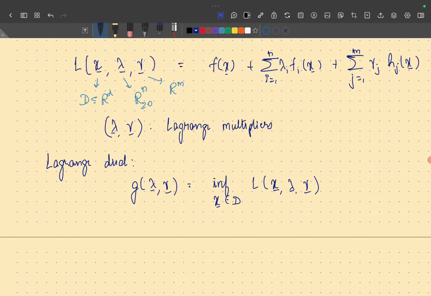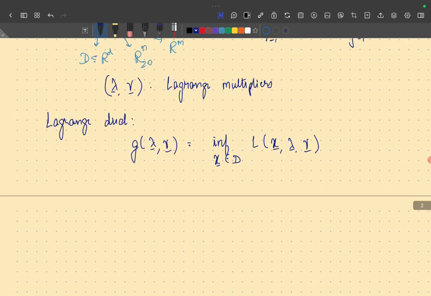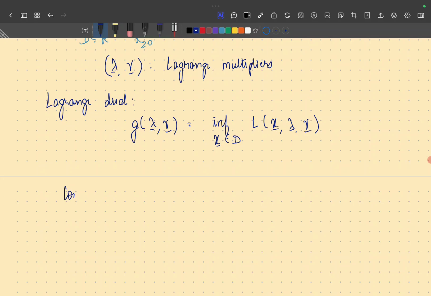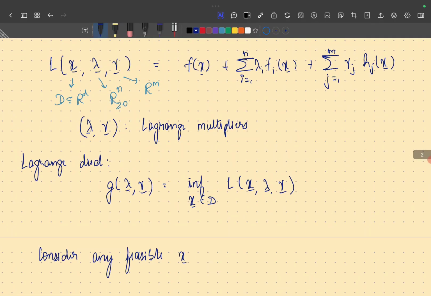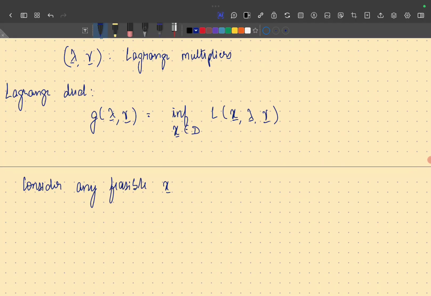All right. Now, first let's consider any feasible x. For any feasible x, what can you say about L of x, lambda, nu compared to p star? Is there some sort of a relationship between p star and L of x, lambda, nu?